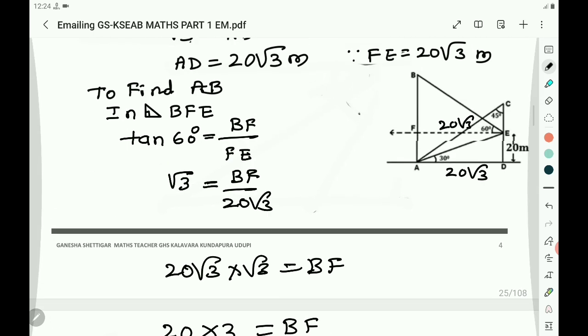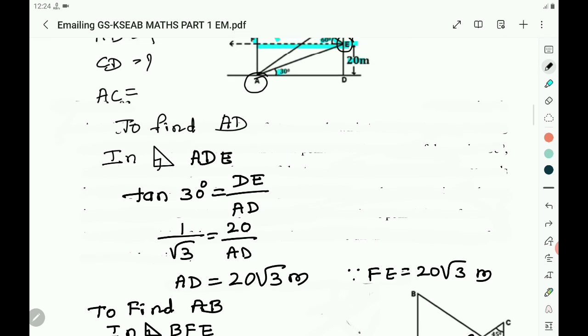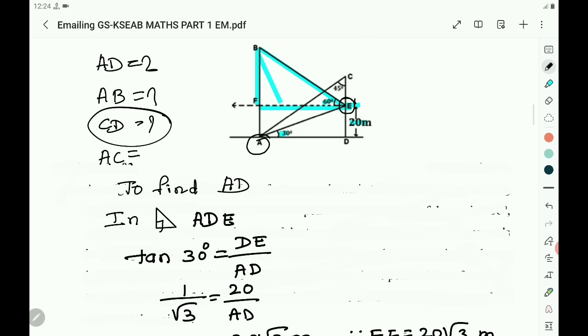You got the height of the tower. AB is equal to 80 meter. Next, what we have to find out? We have to find out CD, that is the height of the building. Directly you can get CD here by using the right angle triangle ADC.